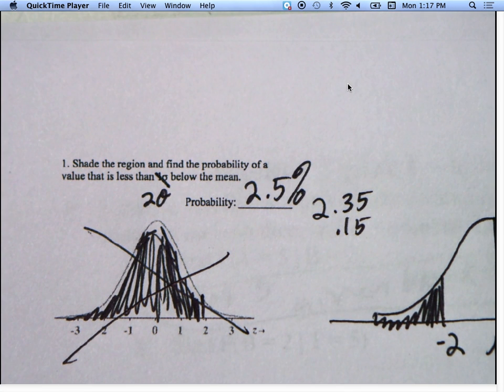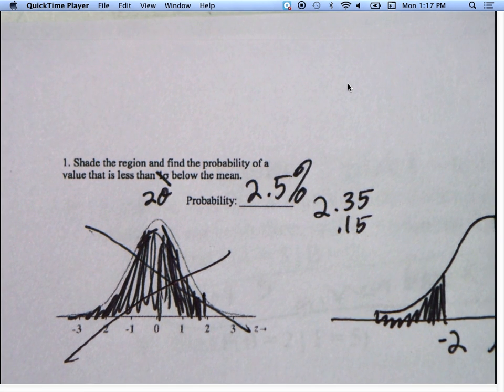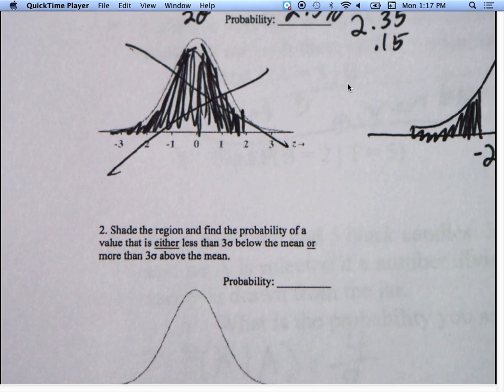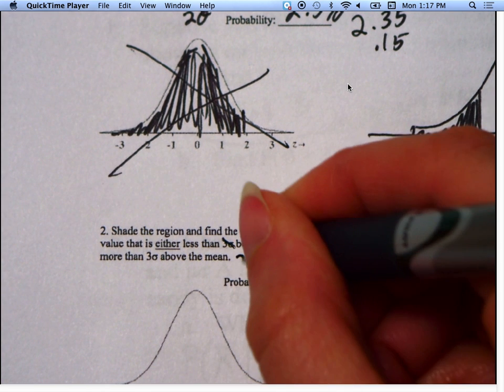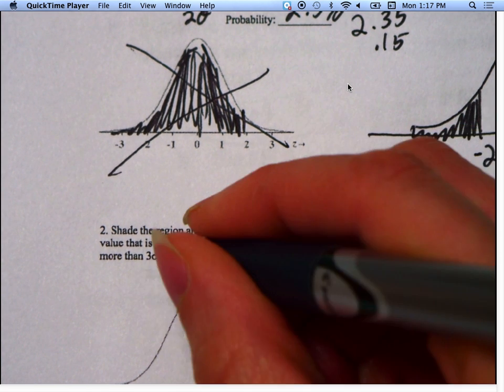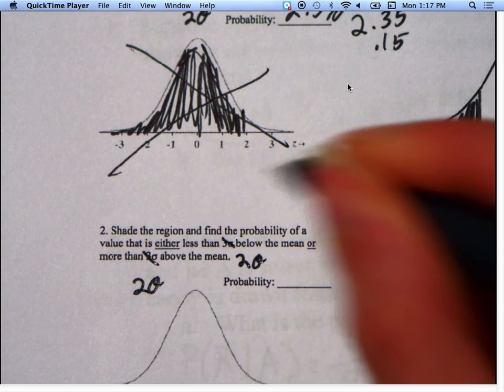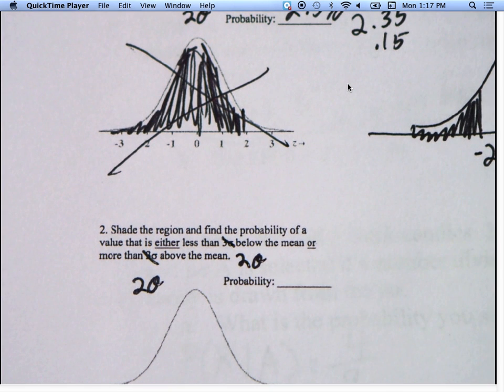We're going to look at another one. Shade the region and find the probability of a value that is either 2 standard deviations below the mean or 2 standard deviations above the mean. So I want 2 below or 2 above. The mean is 0.